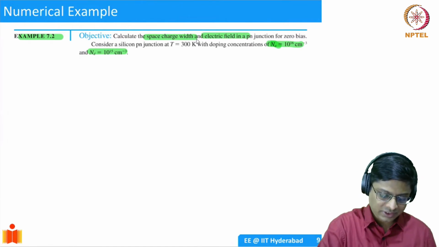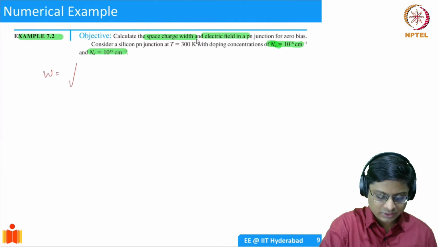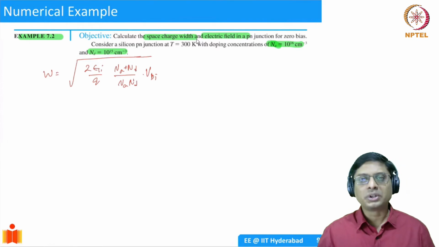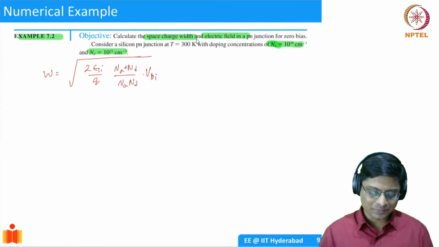So I'll just rewrite these expressions. My width of the depletion region, just now we saw, was the square root of 2 epsilon silicon divided by q, NA plus ND, I believe, divided by NA ND times VBI. Okay. So if you want to calculate the width of the depletion region, we need VBI.